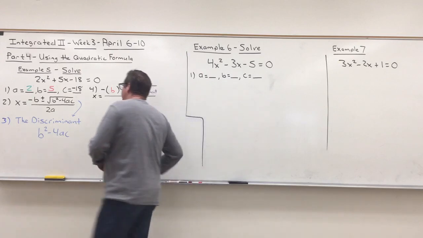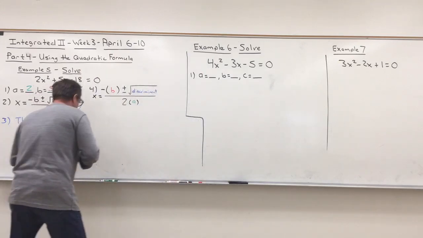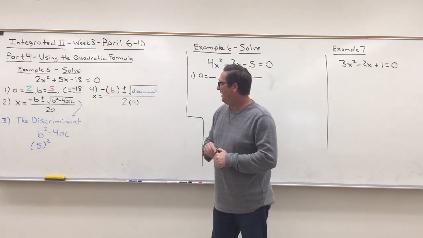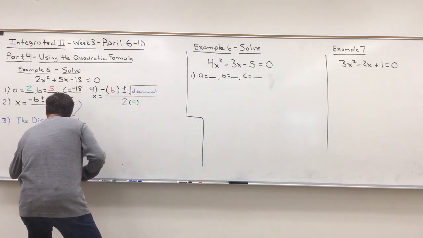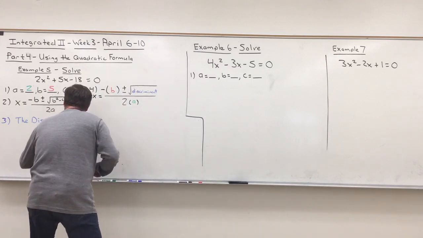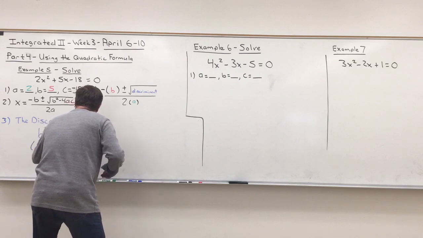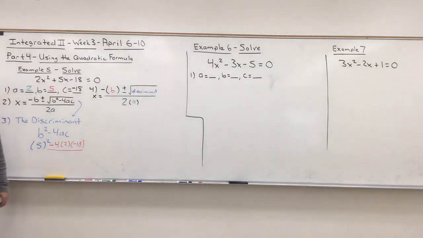So here we go. B is 5, and I'm going to do negative 4 times 2 times negative 18. Now, if you do the parentheses right in your calculator, you can put that all in at one time, okay?